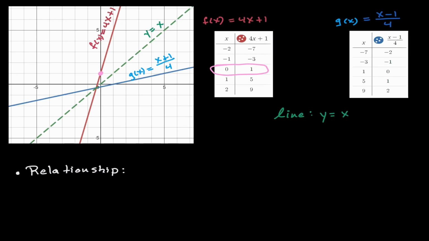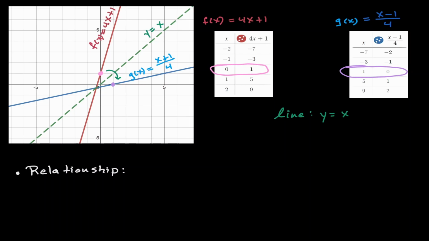And for the inverse function g of x, because the domain and the range switch location, the coordinate point becomes 1, 0, which we have here. Notice that we get the coordinate point 0, 1, which is displayed in pink, and we reflect it over the line y equals x. We obtain the location of 1, 0, which is displayed in purple.